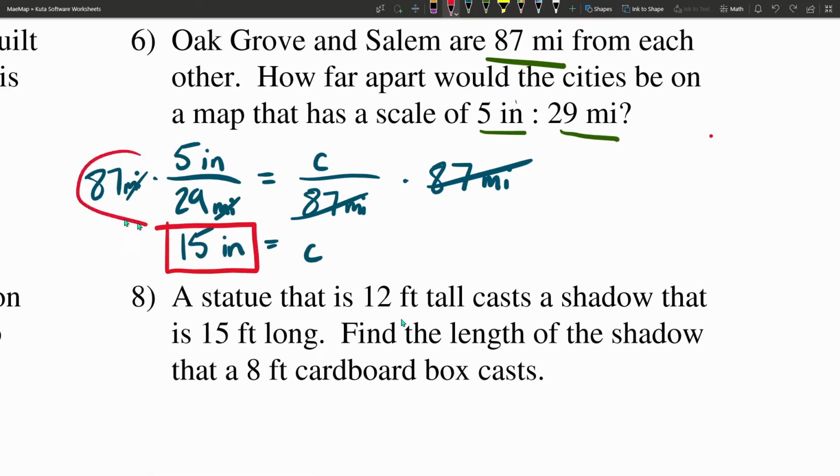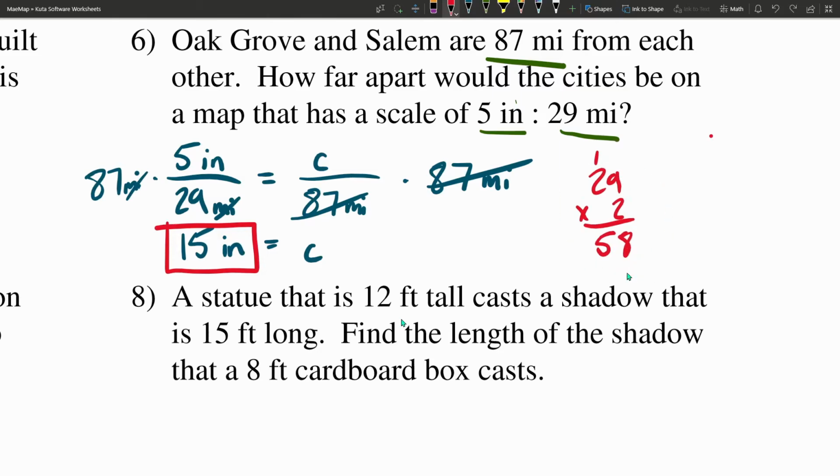And if you need help recognizing that 29 goes into 87, what I like to do is try multiplying it by a small number. So if you multiply 29 times 2, if you're doing it in your head, you multiply the 2 by the ones place, so that would be an 18. 2 times 2 is 4. 4 plus 1 is 5. So 29 times 2 is 58.